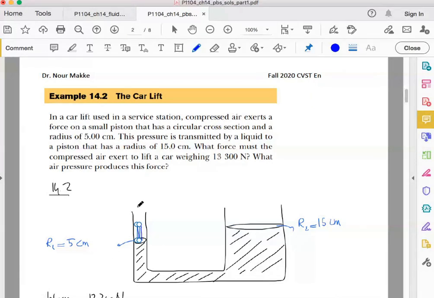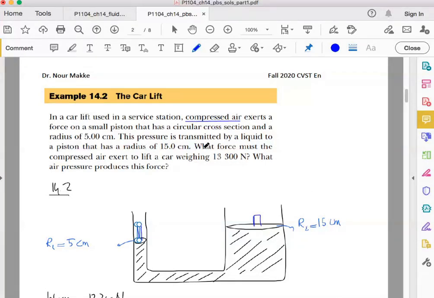This pressure exerted on this piston by the compressed air will be transmitted by a given liquid to another piston here. So here we have another piston of radius 15 centimeters. Also, it didn't give me A2, but it gave me R2 that is equal to 15 centimeters.